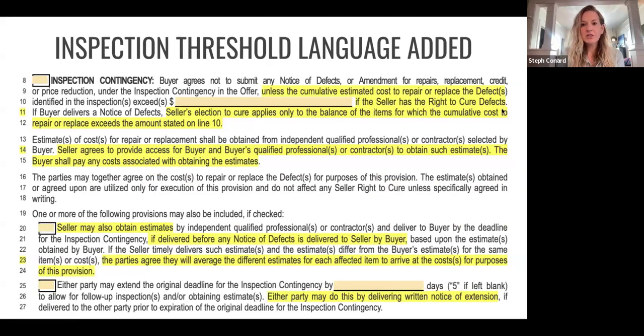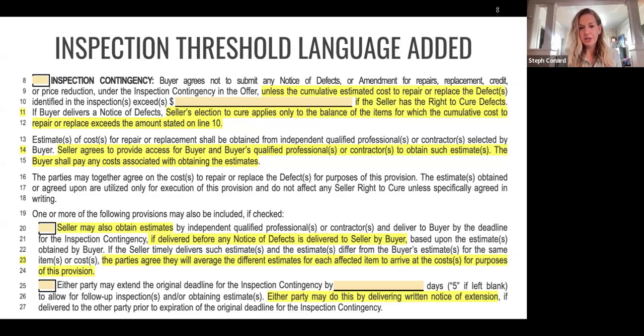Okay, so the inspection threshold language. The idea with the inspection contingency threshold is that what the buyer wants to communicate to the seller is, I want an inspection contingency.